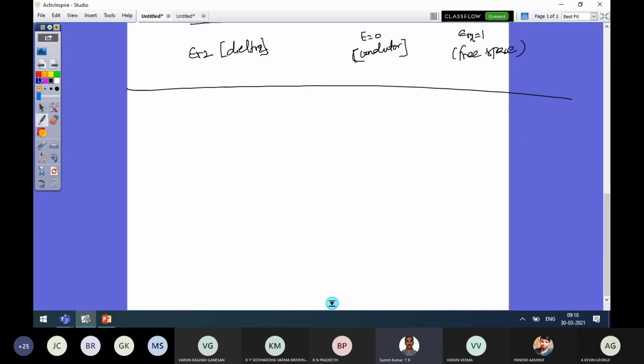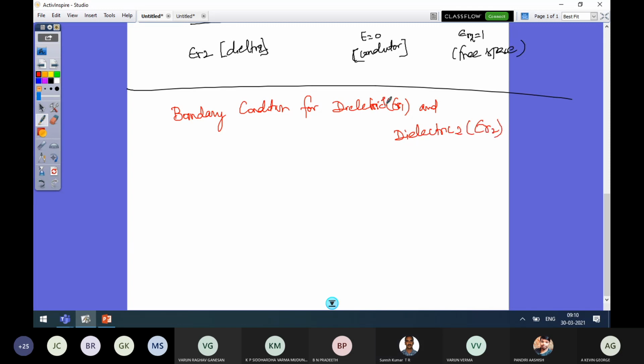Now let us start. Let us calculate the boundary condition for a dielectric boundary. Let us say dielectric 1 is characterized by epsilon R1, and the other dielectric, medium 2, is characterized by epsilon R2.